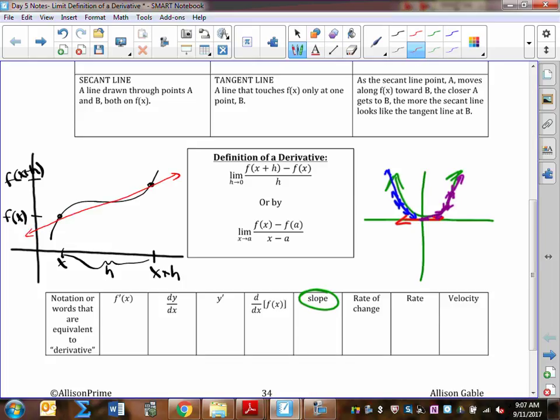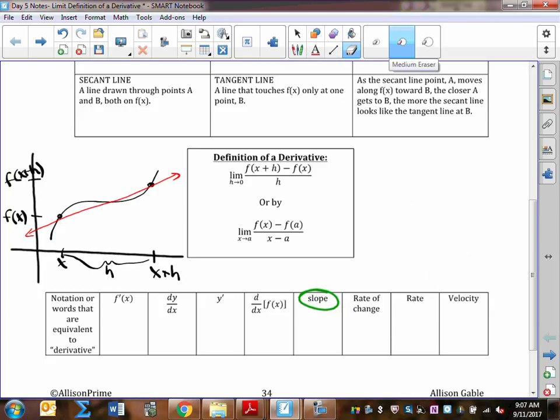If I draw my secant line and find the slope of the secant line, my slope of that secant line is going to be, so my y value, so y2, and that y value is f of x plus h, minus y1, and that y1 value is f of x.